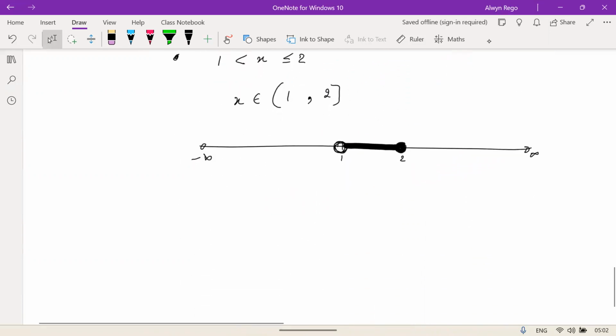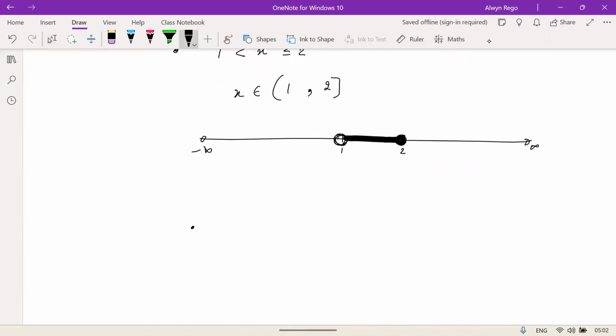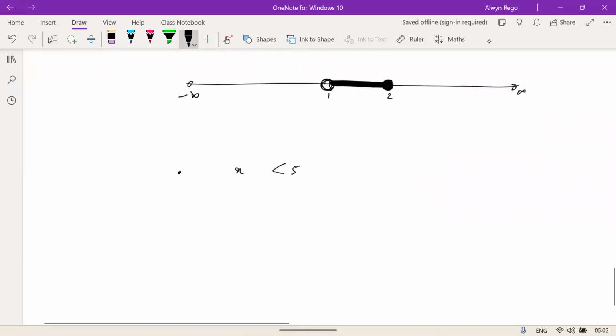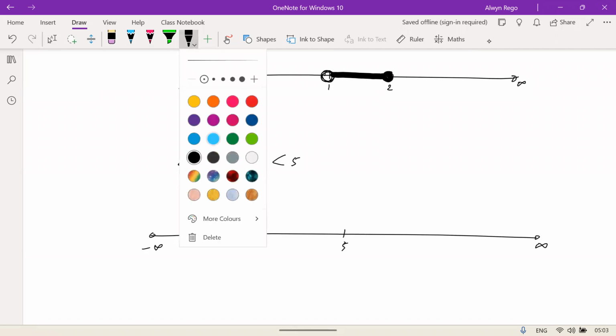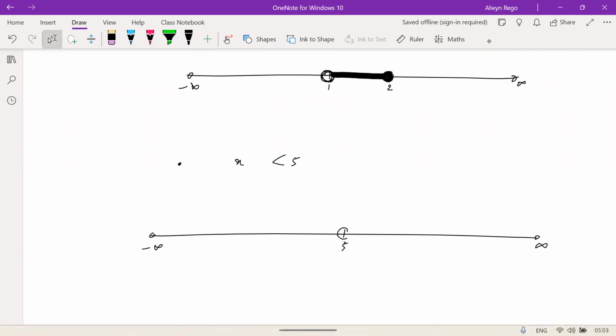You may also have the values, let's say x less than 5. X less than 5 will be, there's no boundary for this one. When I say x less than 5, suppose this is 5 here, negative infinity and positive infinity. When I talk about x less than 5, I actually talk about all the values which are lesser than 5.